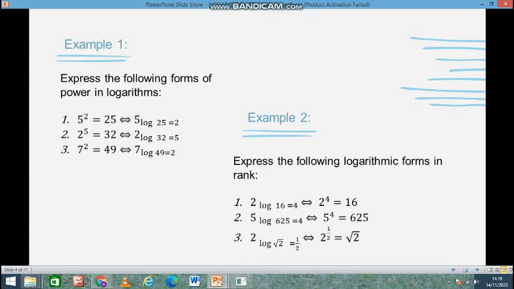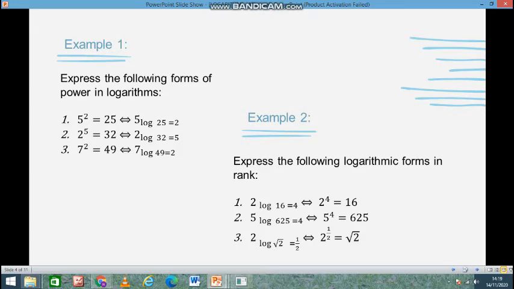Number 1, 5 to the power of 2 equals 25. 5 is the base of the logarithm, 25 is the numerus, and 2 is the exponent. Then written in logarithm form, namely 5 log 25 equals 2.